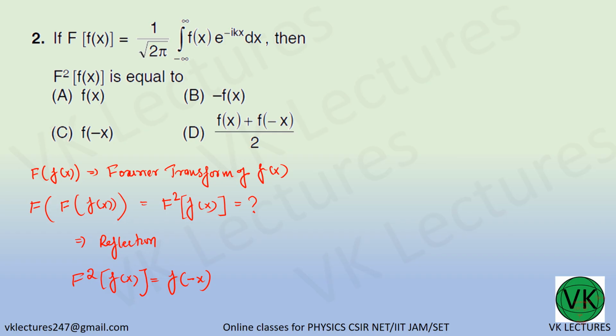And please remember this: when the Fourier transform is applied 4 times to a function, you get the function back. It's equal to f of x.